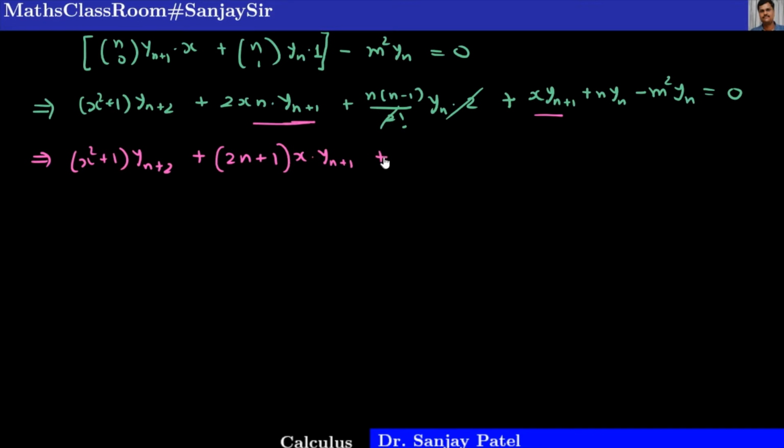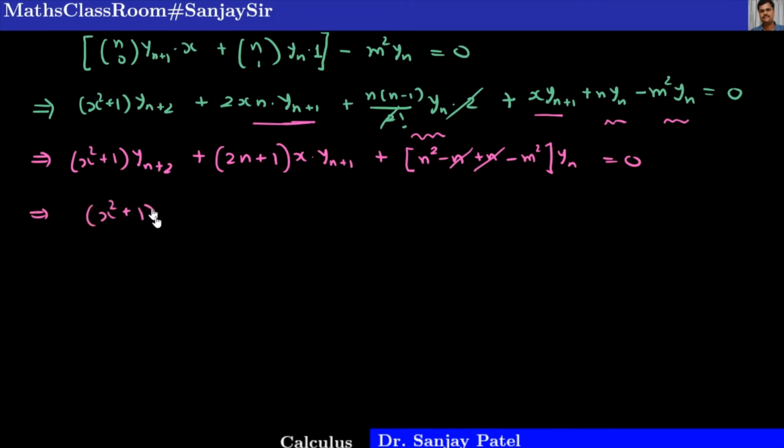Now for the remaining terms, we have yn common, 1, 2 and 3. There are 3 terms containing yn, so keeping yn outside and simplifying the remaining, n into n minus 1 gives you n square minus n, then plus n and minus m square into yn is equal to 0. Okay, so here we can cancel these two, and what we get is our required result.